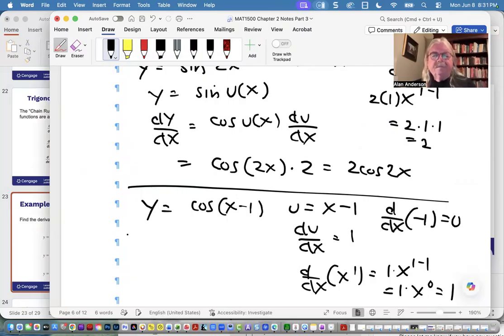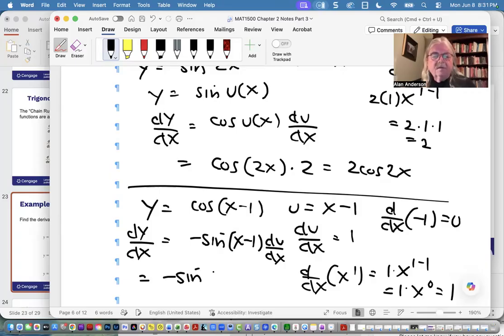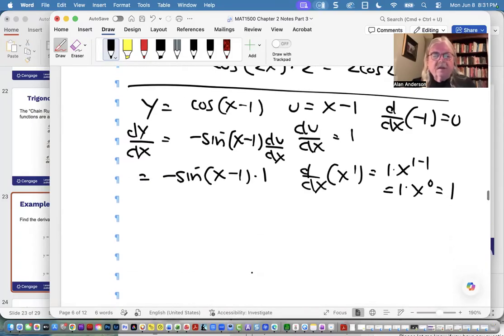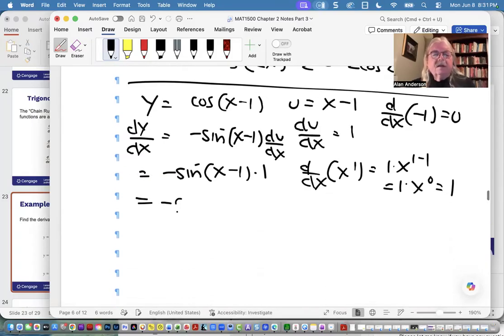So dy dx over here will be the negative sine, but that happens to be a 1 in this case. So we end up ultimately with minus sine x minus 1.